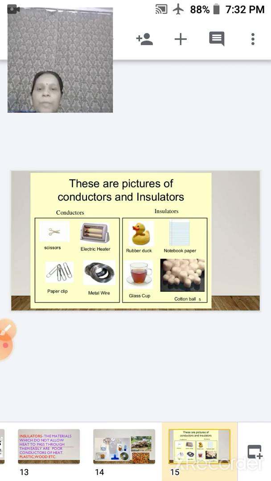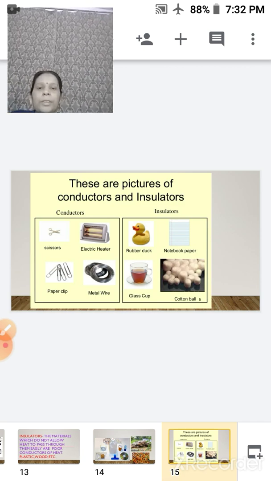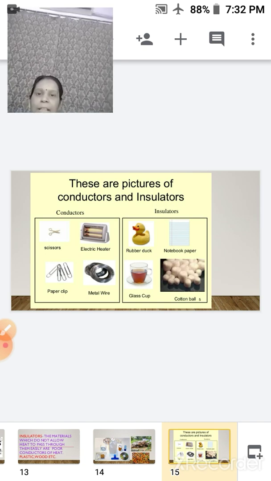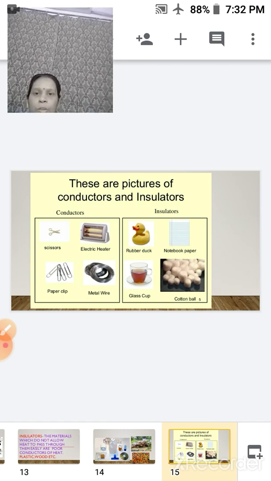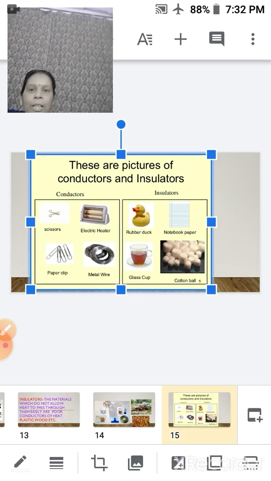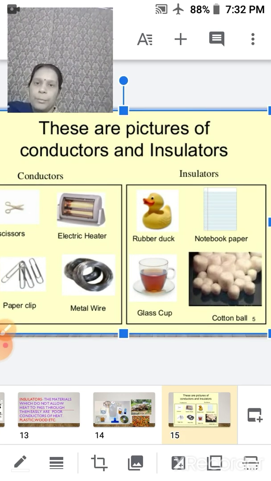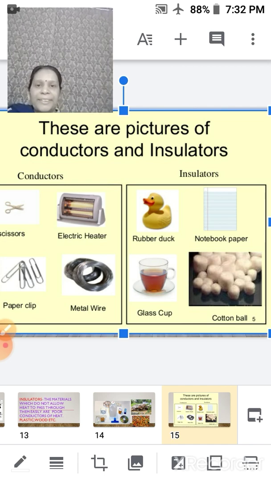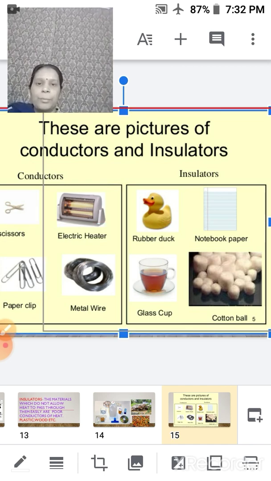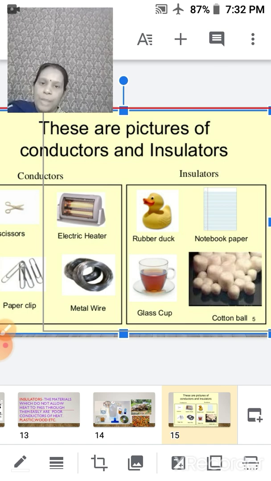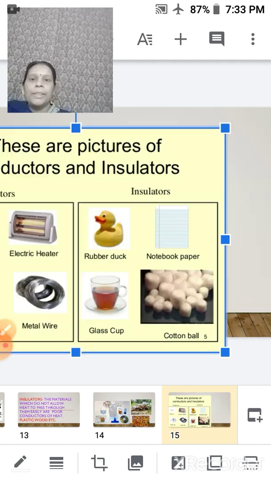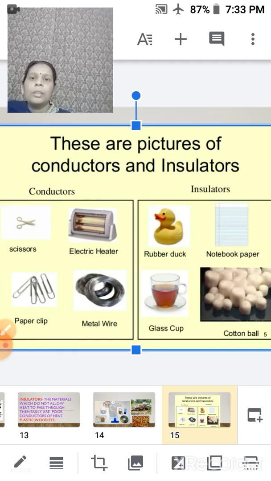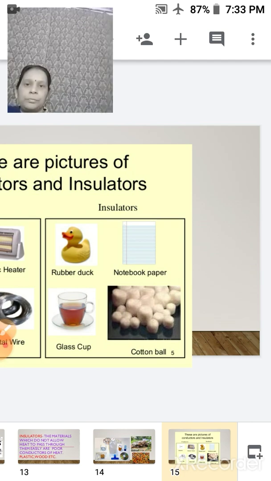Here see the picture where different pictures are there of insulators and conductors. A few items here are made up of metals, which are considered to be your conductors, and the other materials which are made up of rubber, glass cup, cotton and paper, they are considered to be your insulators.